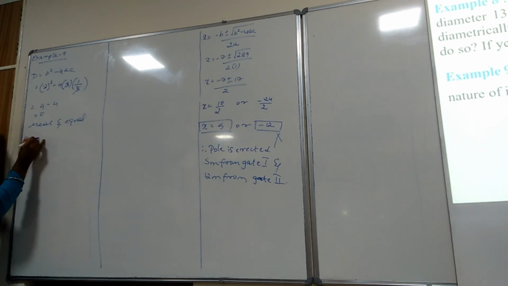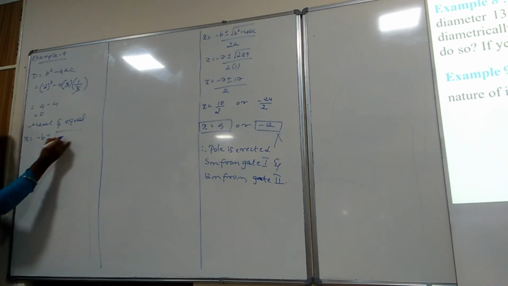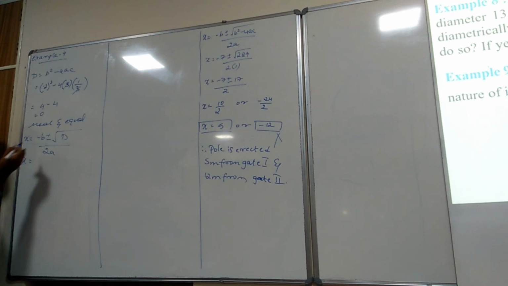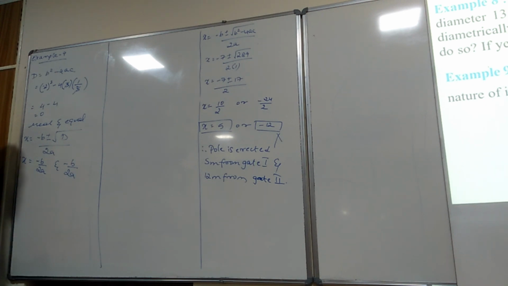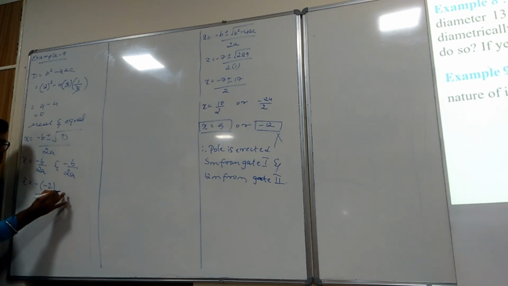So x is equal to minus b plus or minus root of discriminant, divided by 2a. Discriminant is 0, so minus b by 2a and minus b by 2a. Yes. So x is equal to minus of minus 2 by 2 into 3.